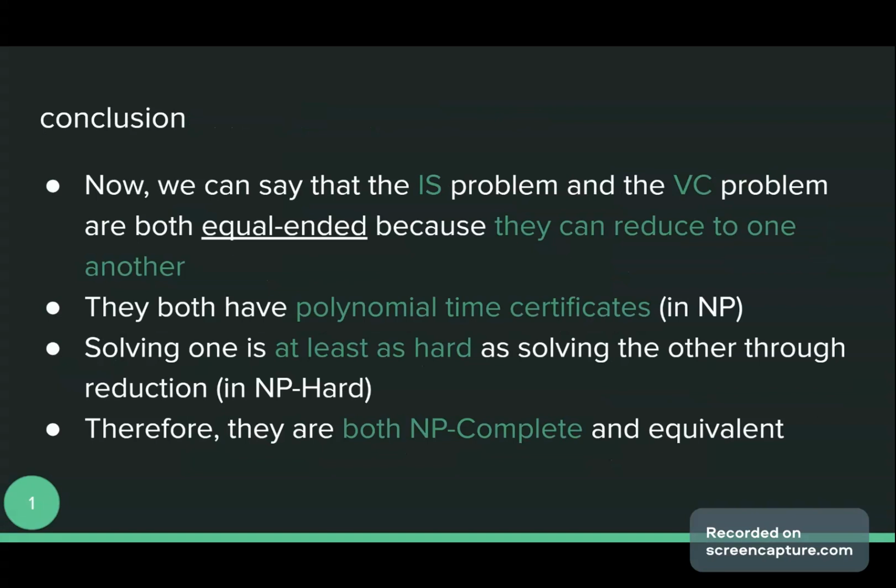Finally, we can say that the independent set problem and the vertex cover problem are equivalent because they can reduce to one another. They both have polynomial time certificates, and solving one is at least as hard as solving the other through reduction. Therefore, they are both NP complete and equivalent.